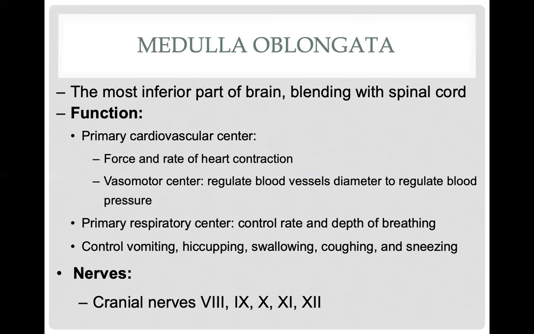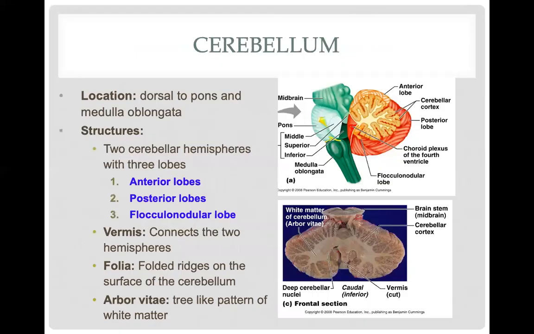You also can carry out a process called vasomotor center, where you regulate your blood pressure by adjusting the thickness or the diameter of your blood vessels. So by vasoconstricting or vasodilating, you can fluctuate the pressure and therefore get better control over your blood pressure.